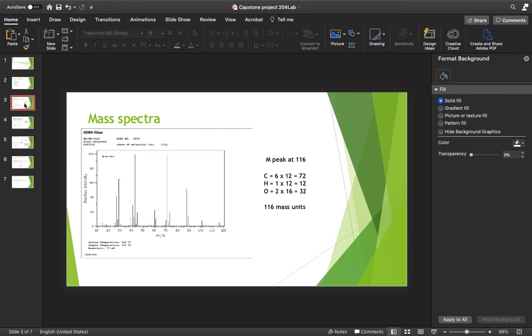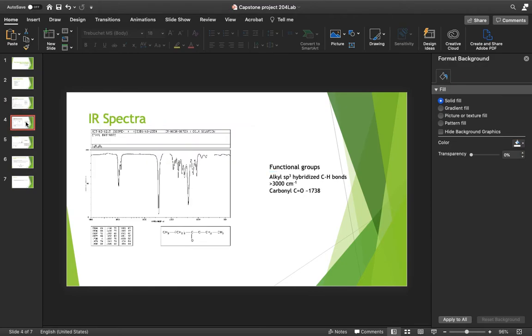You could factor 12 into 84 two different ways, with 7 times 12 being 84 exactly, leaving no hydrogens, which wouldn't make sense. So if you subtract one carbon and add 12 hydrogens, you would have 6 carbons, 12 hydrogens, and can't forget about the 2 oxygens, making a molecular formula of C6H12O2.